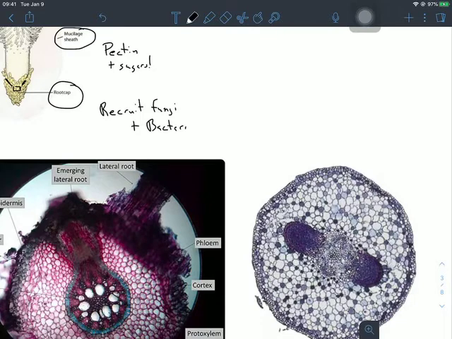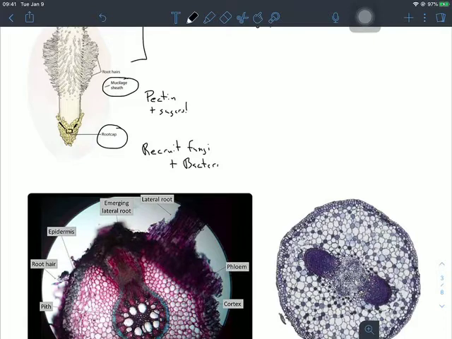Because it's a whole bunch of sugar and water and happy materials to grow. It is exactly what the plant needs in order to keep performing mitosis, and therefore the growing lateral root can utilize this store of energy to quickly push its way through the root system and make its way out the epidermis, where it will now become its own root apical meristem, growing horizontally for a bit.